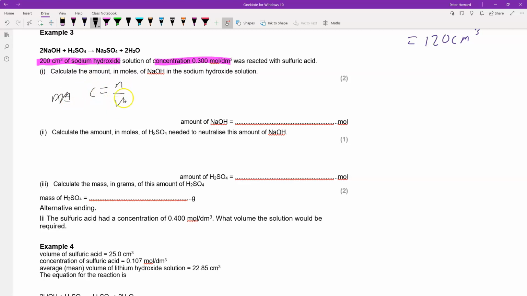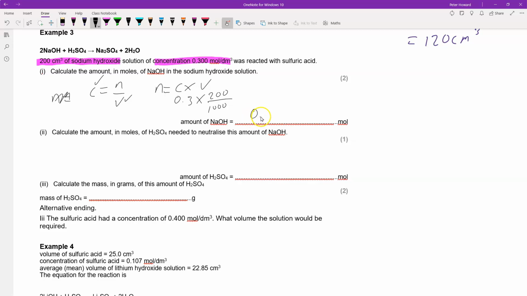Concentration is moles over volume, so we can work out number of moles. Number of moles is C times V. Concentration 0.3 times a volume, 200 divided by 1,000, gives us our number of moles of sodium hydroxide.